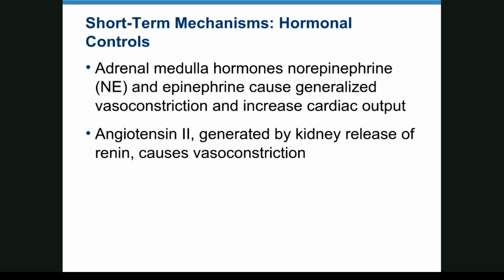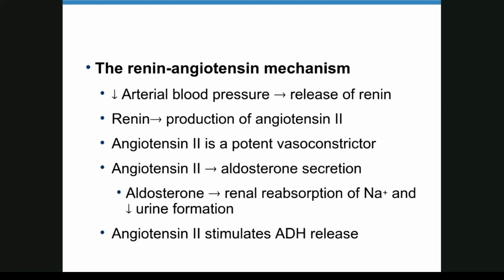Okay, hormonal controls. The adrenal medullary hormones, norepinephrine and epinephrine, are going to cause two things: a generalized vasoconstriction and increased cardiac output. Angiotensin II, and we'll go through how that happens in a minute, causes vasoconstriction. This is a review from the chapter we had on the hormonal control of things.